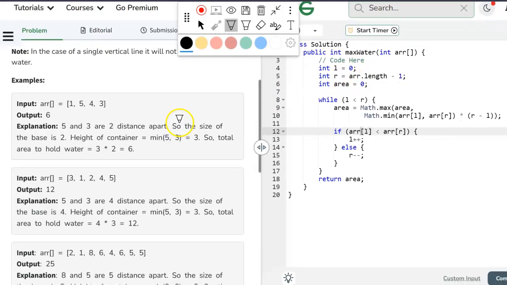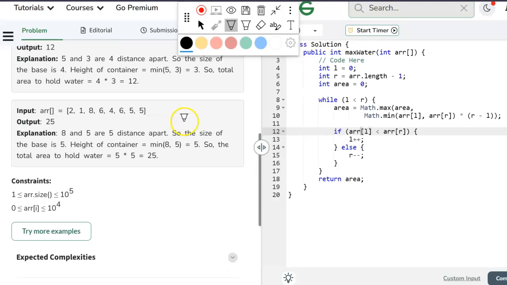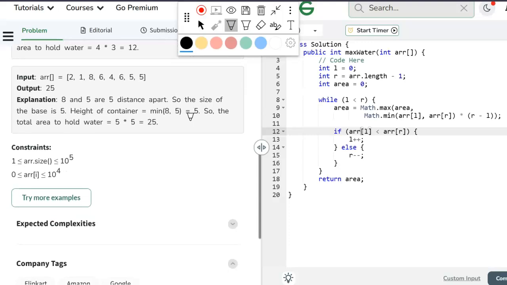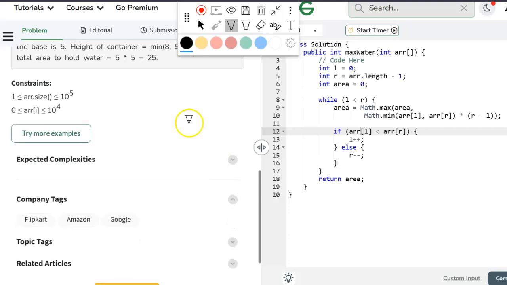Actually, let's look at constraints and topics here. Constraints: the array size will be between 1 and 10 to the 5th, 100,000. The elements in the array, that is the height of the vertical lines, will be between 0 and 10 to the 4th, 10,000.